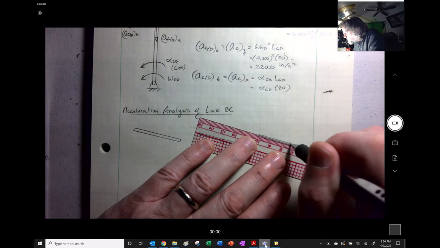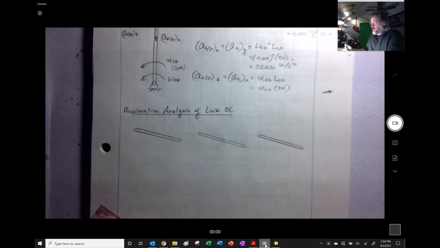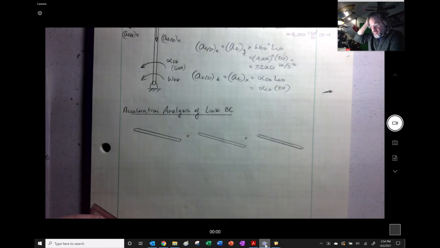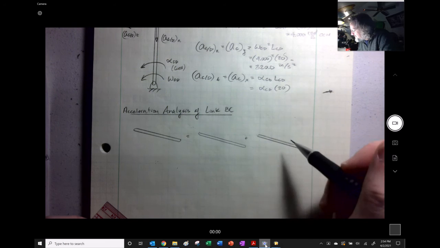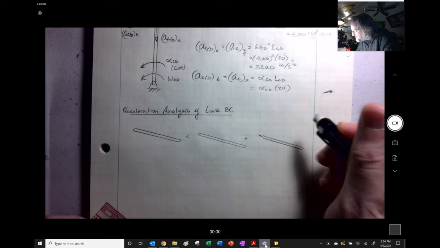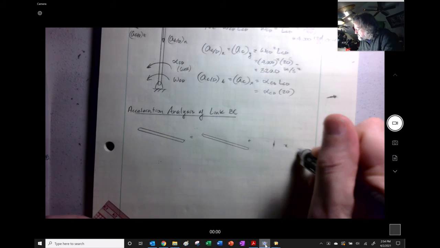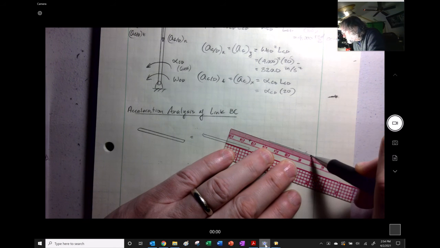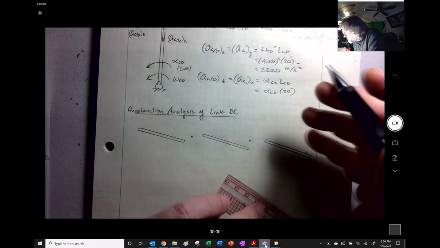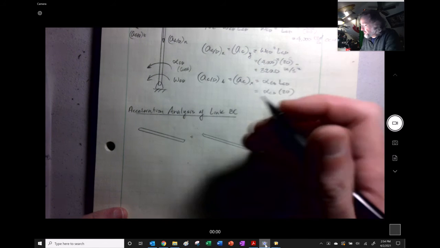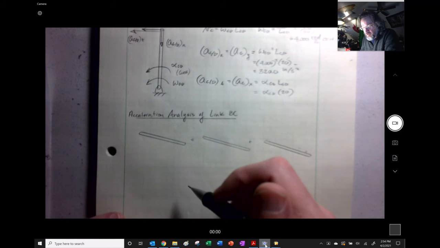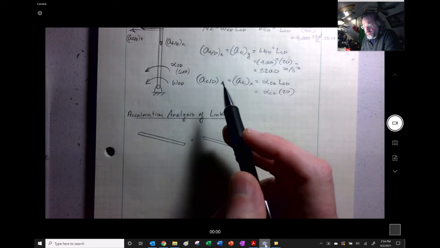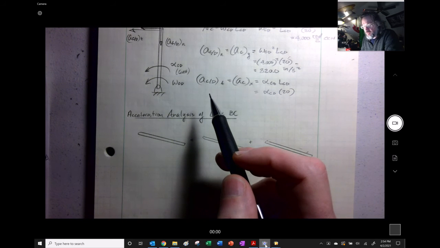All right, so what do we know? It's going to be important that we be able to figure out what we're looking at. So I'm going to draw these correctly.